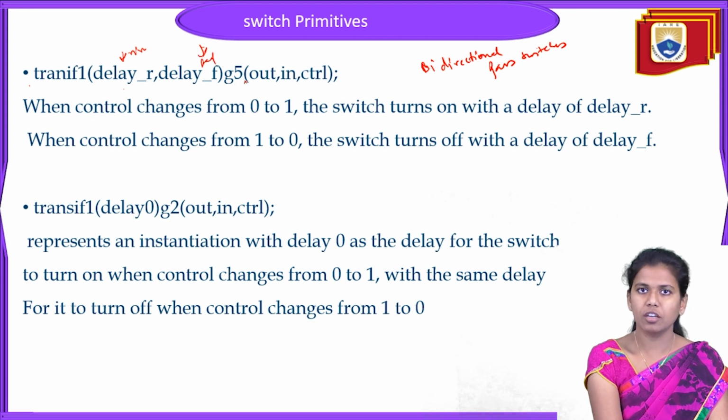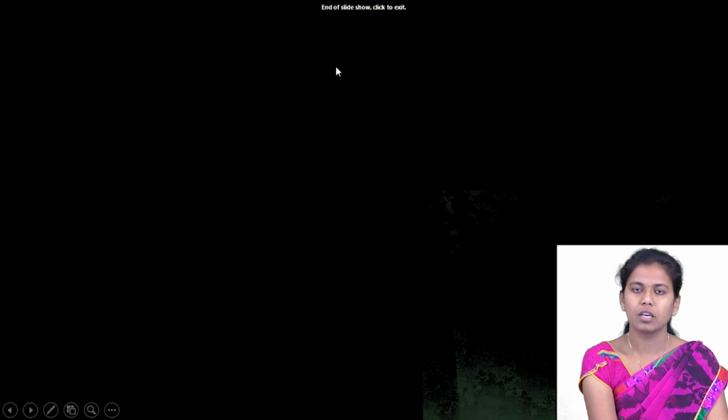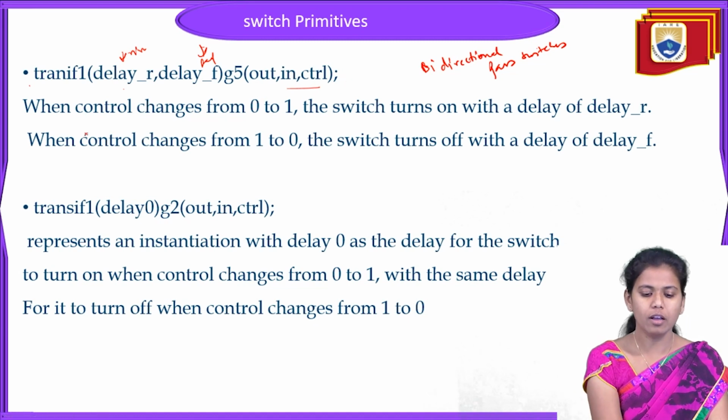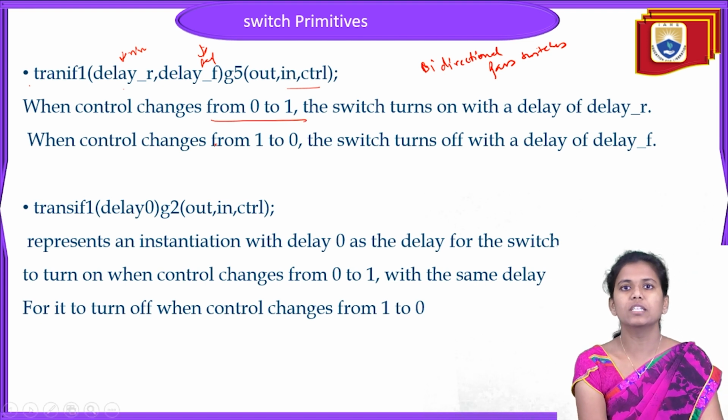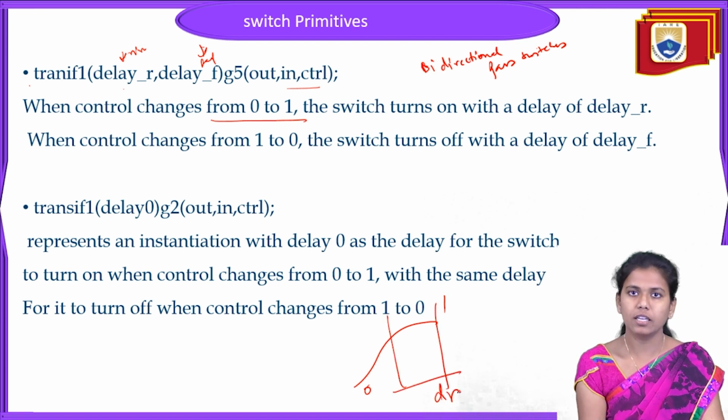And then the primitive gate that you are considering, and the terminal list, with input, output, input, and as well as the control signal. When the control signal is changing from 0 to 1, it says that the delay is a rise delay.